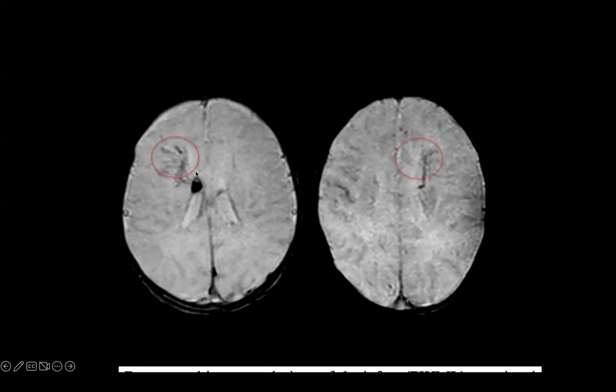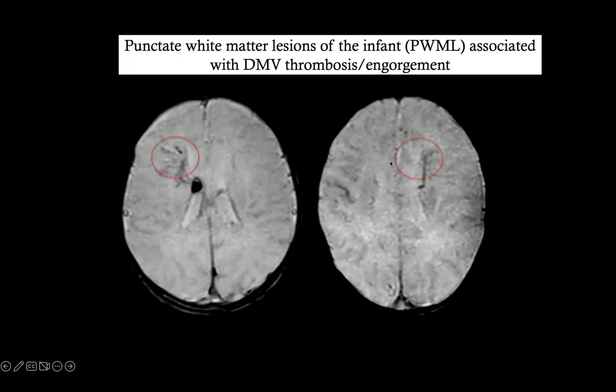So these are actually punctate white matter lesions along the course of the deep medullary vein. And I reported this as punctate white matter lesion associated with deep medullary vein thrombosis or engorgement.